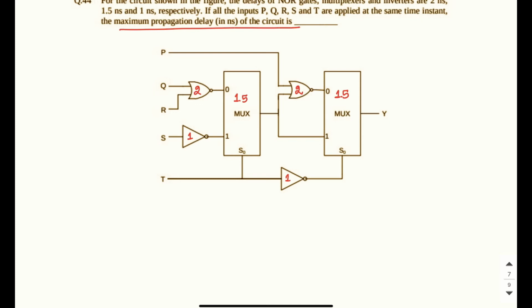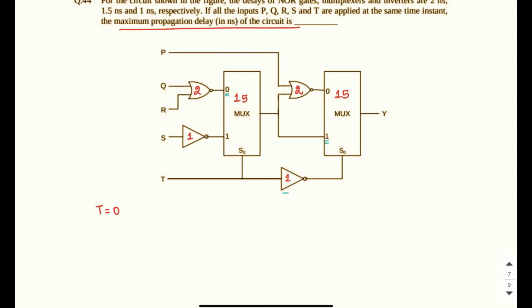So again we need to consider what will happen when t is equal to 0 and what will happen when t is equal to 1. So when t is equal to 0, for this first multiplexer the 0th output will be selected, and for the next multiplexer the 1 output will be selected because we have an inverter in between, so t will become 1 for the second one.